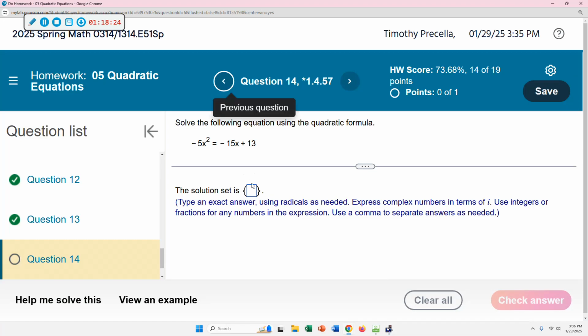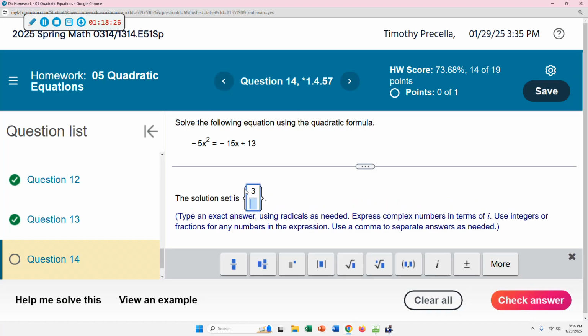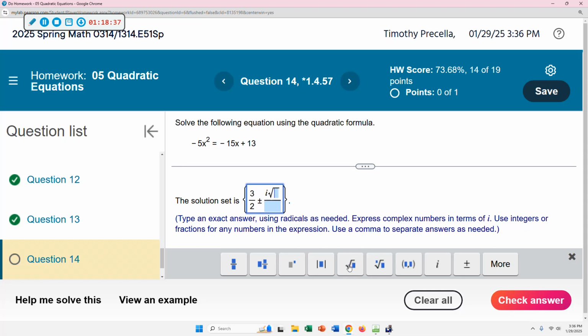So we have 3 halves, plus or minus. I'll use my fraction hot button there. We have an I on top, a square root of 35, and on the bottom we have a 10.